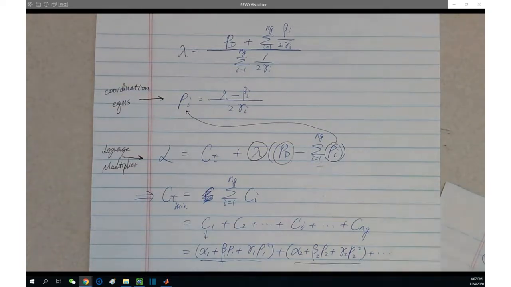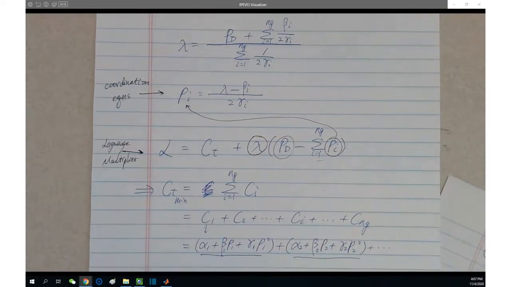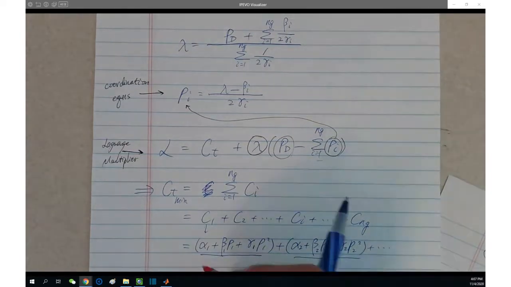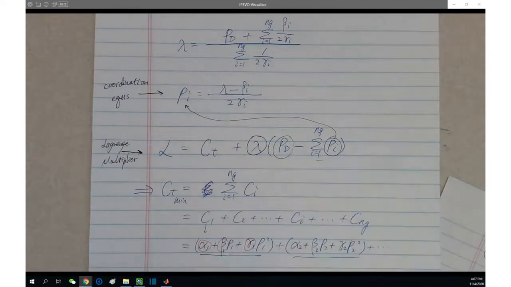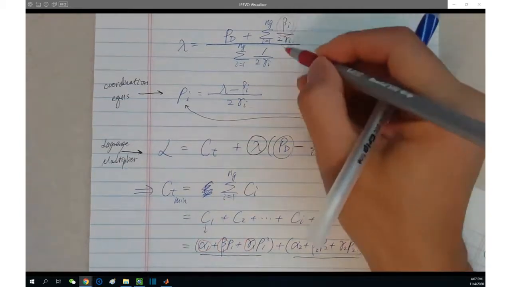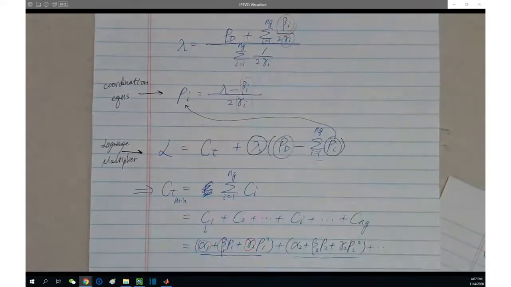You need to be careful about some details as well. Alpha, beta, gamma are respectively the constant term, the coefficient of first order P, and the coefficient of second order P. You need to be very clear which is which, because you're going to apply them to the formula. If you identify them wrong, you end up with the wrong answer. These are the things for optimal dispatch. Not difficult, but there are some small details you need to be careful about.